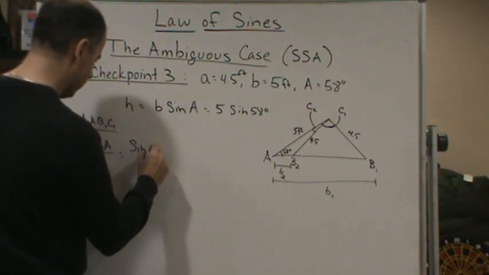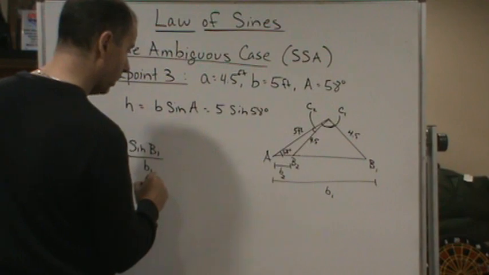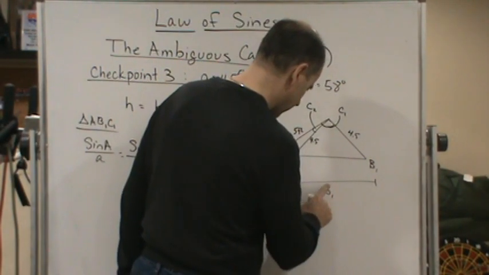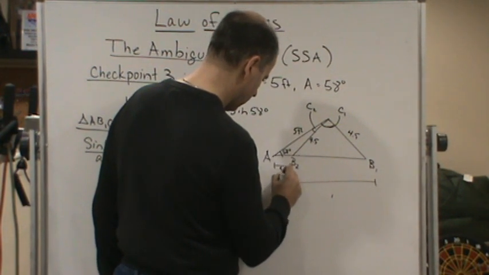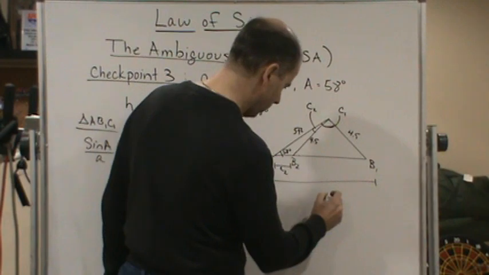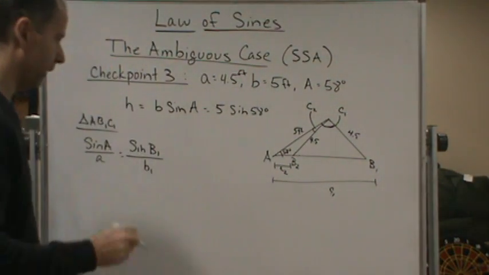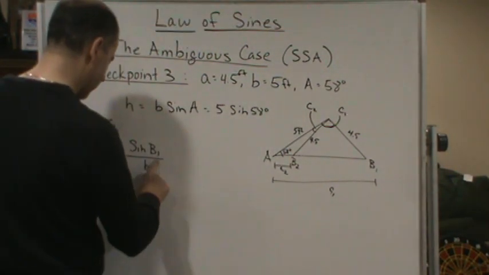So sine B1 over, oh gosh, that's why I'm getting mixed up. This is C. Lowercase c2, lowercase c1. That's right. Sorry about that. So B, this is just B.